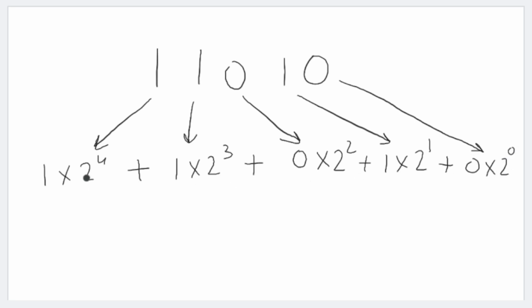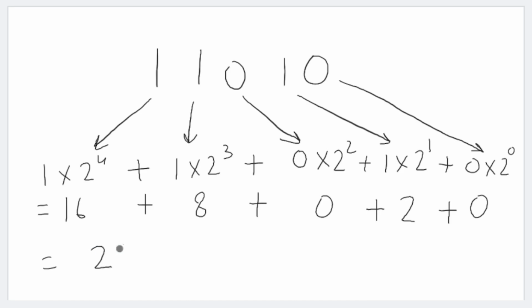So 2 2s are 4, 2s are 8, 2s are 16, plus 2 2s are 4, 2s are 8, plus 0 into anything 0, plus 1 into 2 to the power 1 is 2, and then again 0 into anything is 0. So if we add these, 16 plus 8 plus 2 is equal to 26 in base 10.